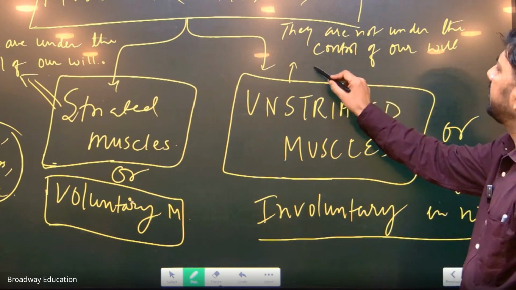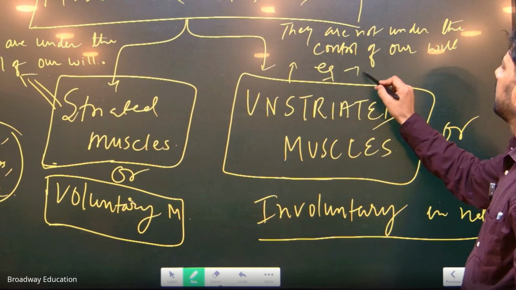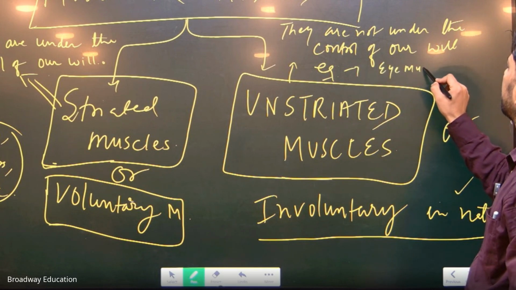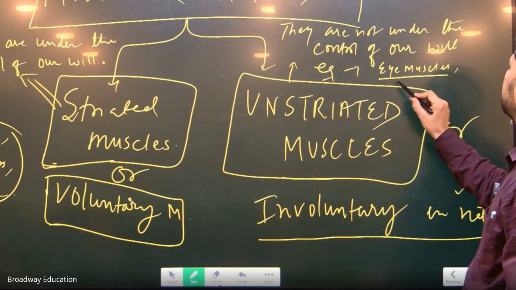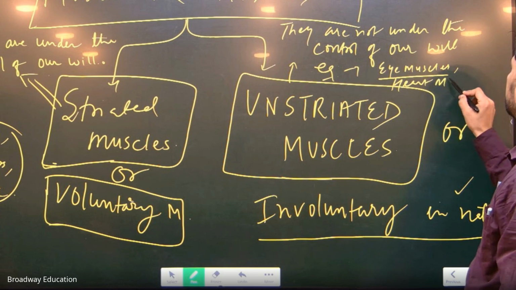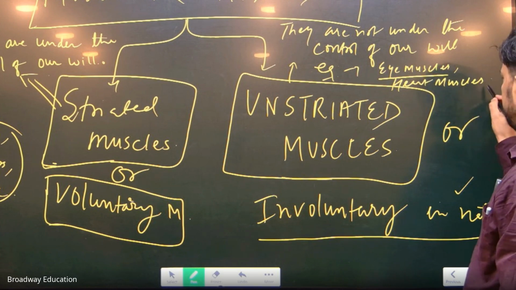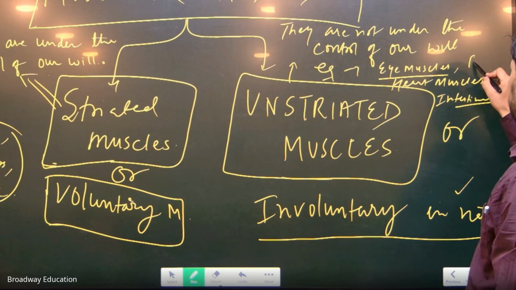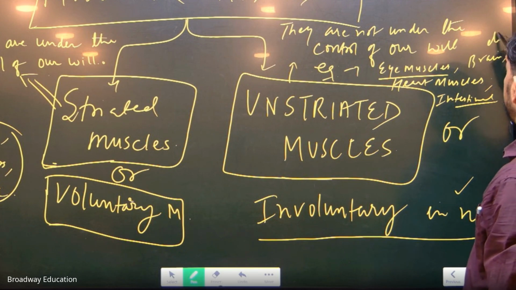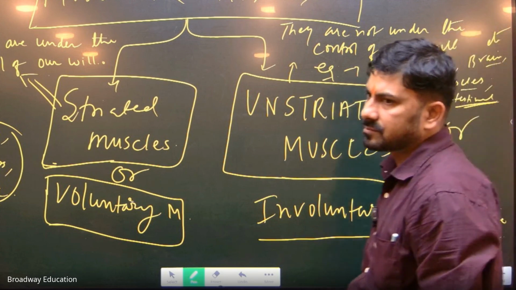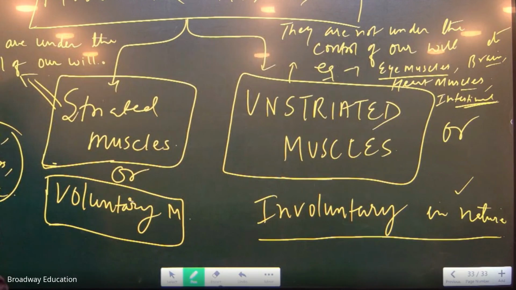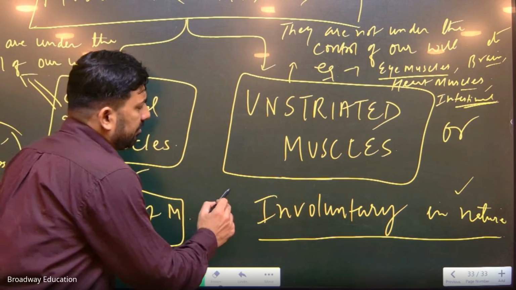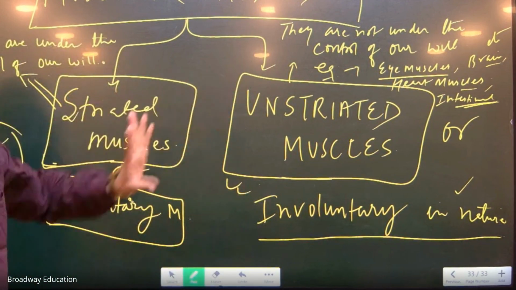Now its examples can be eye muscles, heart muscles, intestine muscles, brain, etc. Understood? This part is clear, everyone, friends. Now these are involuntary in nature, means they are not under the control of our will.